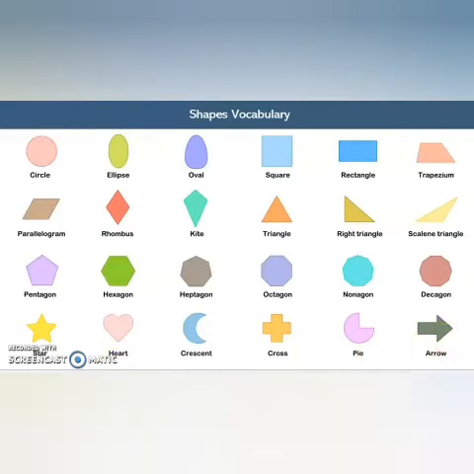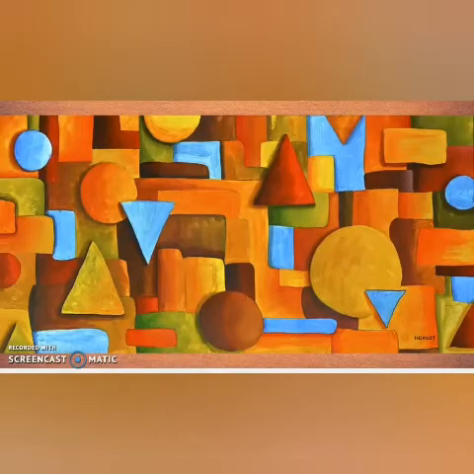Now, this is an example of an art wherein the artists have used different kinds of shapes.